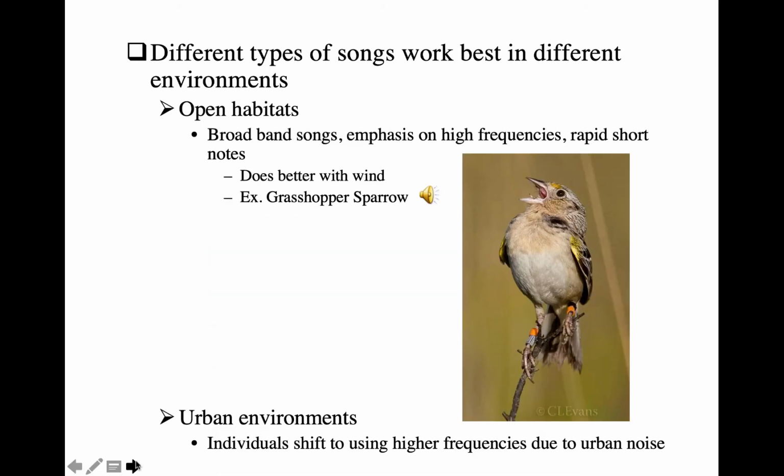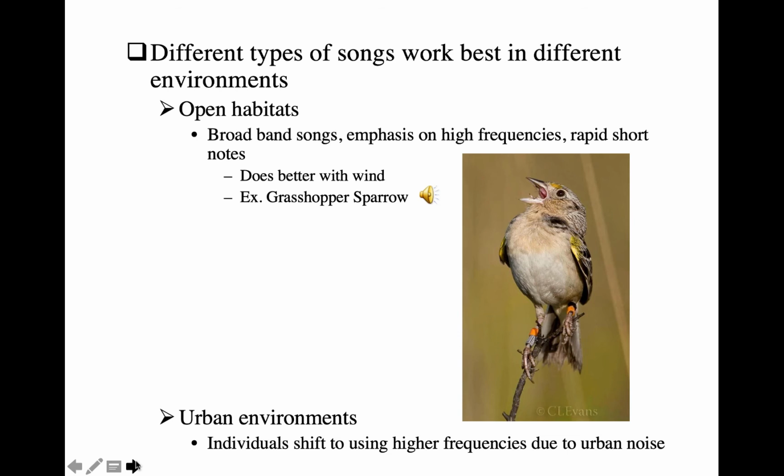Now, in contrast, if you get into really open habitats, particularly if there's a lot of wind associated with that, then a broad band vocalization that encompasses many frequencies but really centers around higher frequencies tends to work better. And oftentimes in combination with those characteristics, we see the use of very rapid short notes, kind of very clipped short notes.